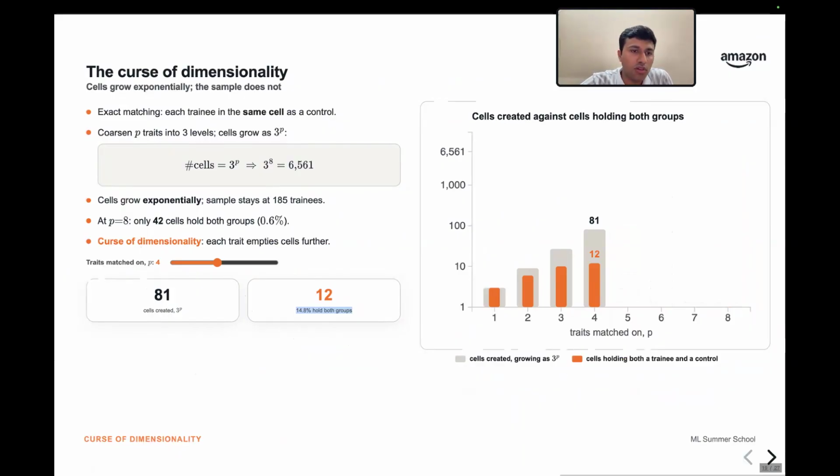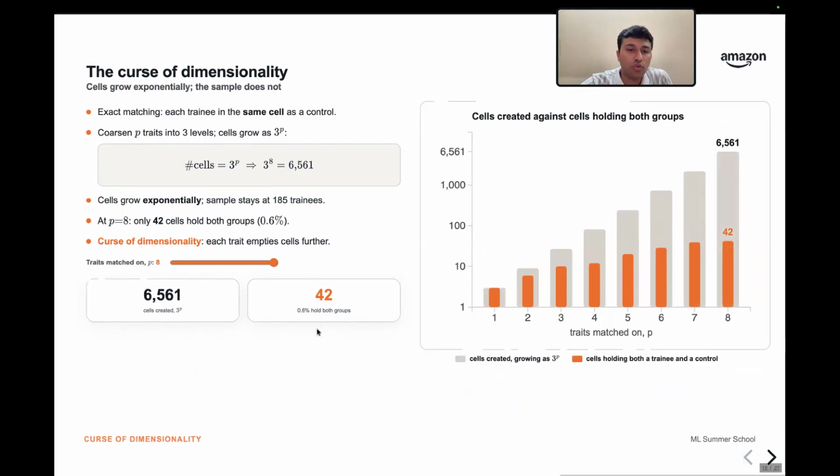From both control and treatment. And this becomes worse as you increase the value of p, and it becomes worse very quickly. So at p equal to 6, that 14% number goes down to only 4%. And at p equal to 8, it goes down to only 0.6%. So now only 0.6% of the total buckets or small pockets that you created actually have data from both control and treatment.